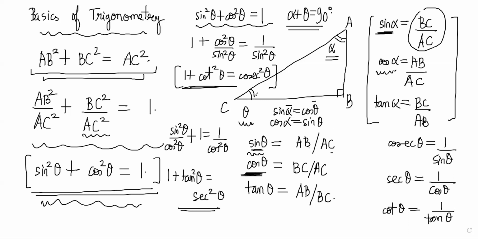Whenever you have complementary angles, for example, if it was 30, this is 60. If it was 45, this is also 45. Those are complementary angles. If it was 20 degree, it will be 70 degree here, right? Whenever you have complementary angles, sine of one of them will be cos of the other one, right?